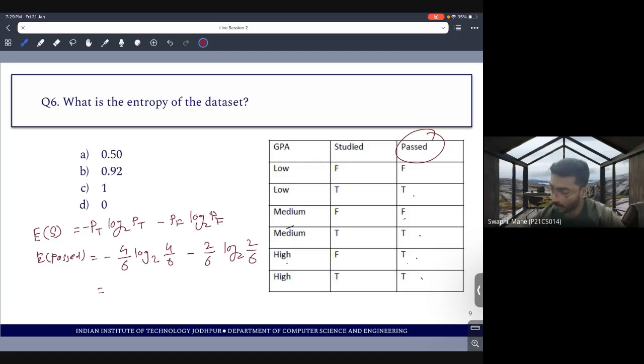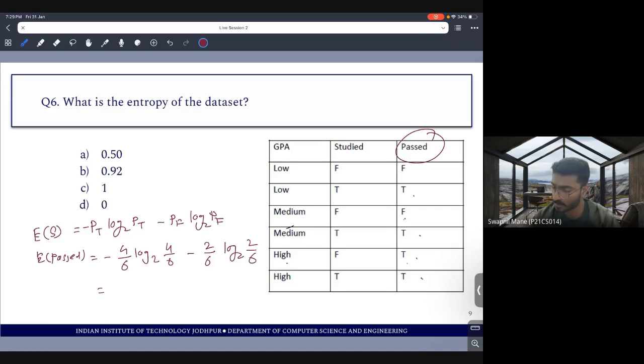So after calculating, you can see 2 point, sorry, 4. So you can calculate it, and this is in fraction.